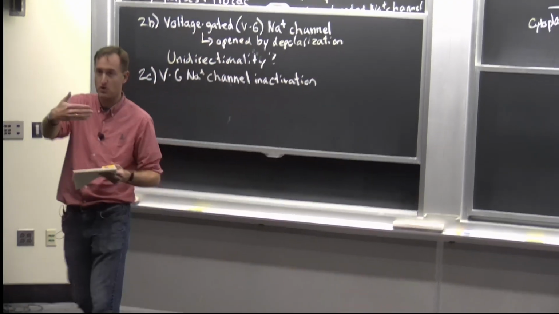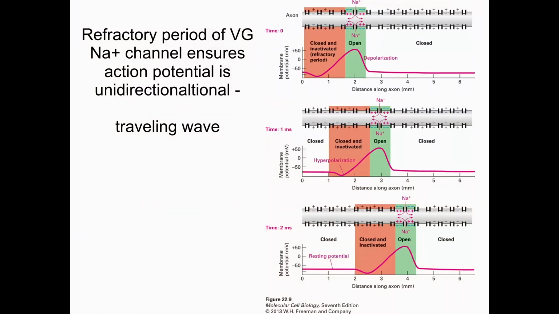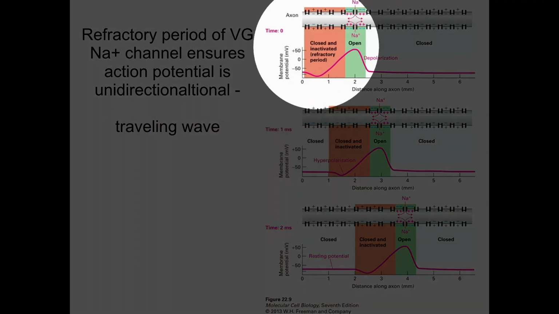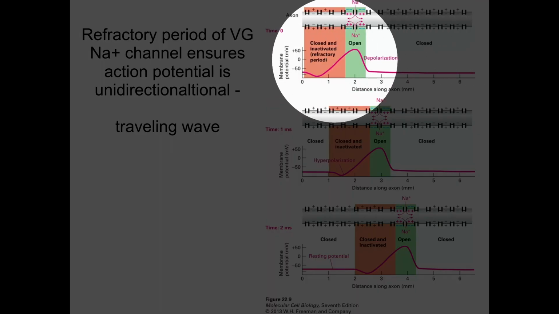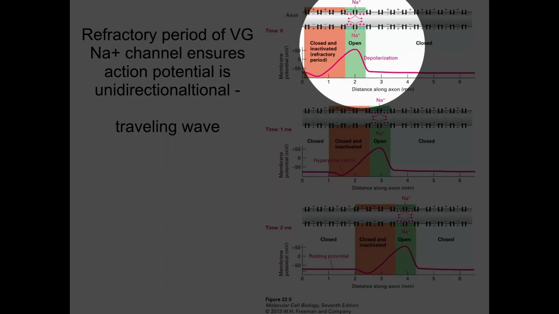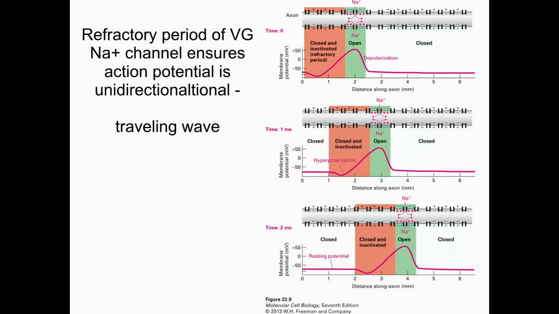Okay, and how this promotes a traveling wave of depolarization is that if we consider an action potential moving along this axon from left to right, and if the sodium channels in the green zone are currently open, it came from the left, which means that all the sodium channels to the left of this green zone are going to be inactivated, okay?